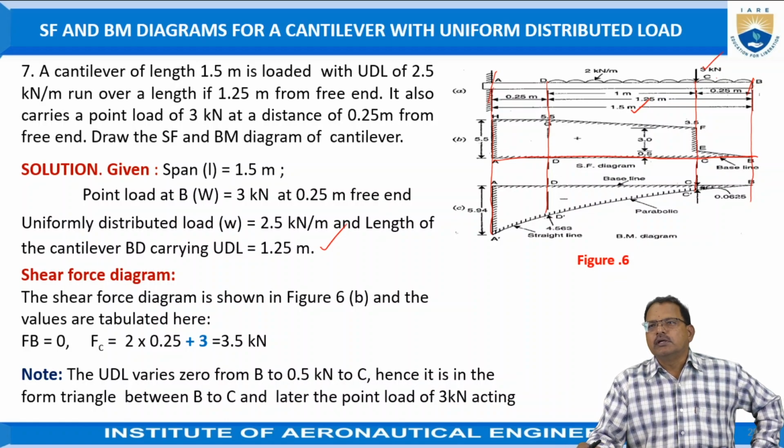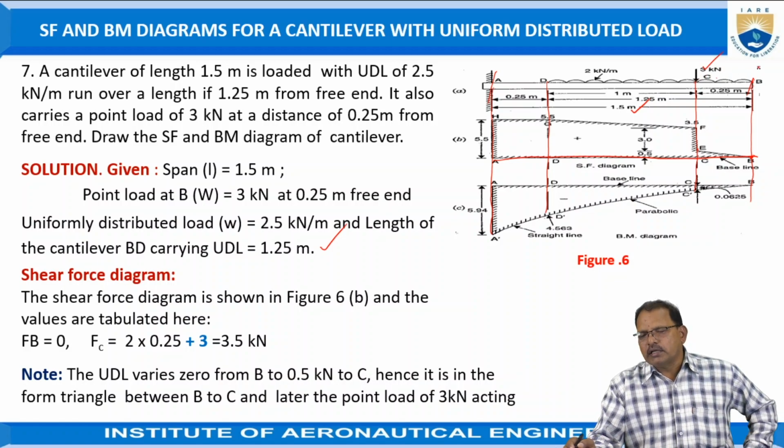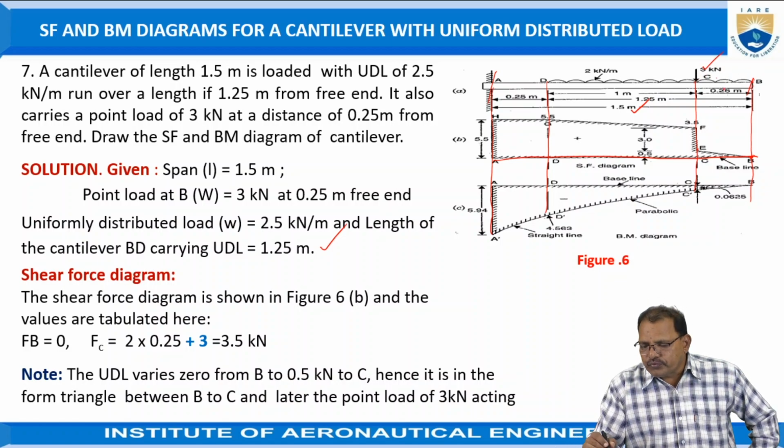The shear force at B is equal to 0 because it is subjected to uniformly distributed load between B and D. At B also it is carrying only uniformly distributed load. Hence, at B it is equal to W into X. X is equal to 0 because we are following just a reference point as B point only. At C position now, the unbalanced force which is acting between B and C is over 0.25 length.